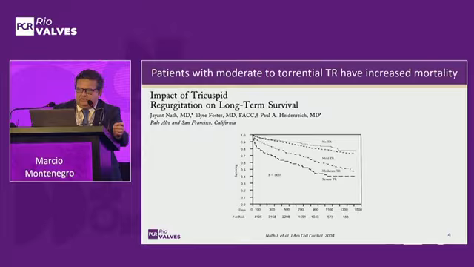And the impact of tricuspid regurgitation on long-term survival is not only for the severe TR. You can see that with moderate TR the survival is less than in patients that present no TR or mild TR.